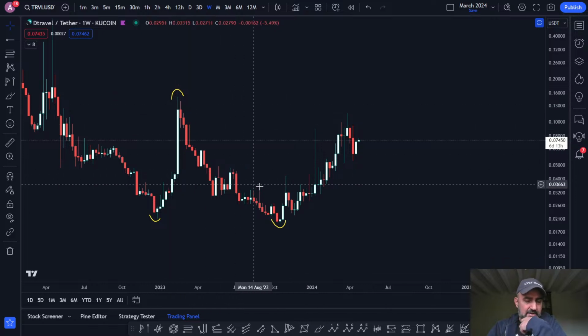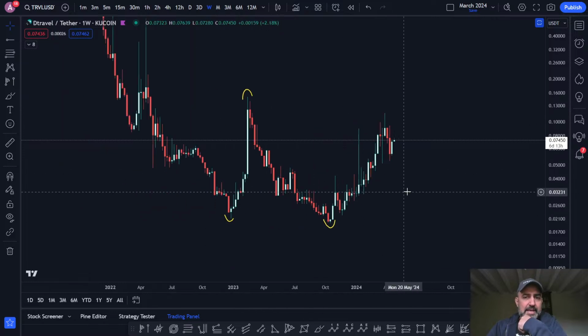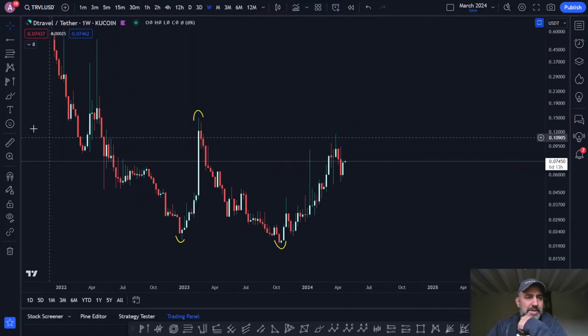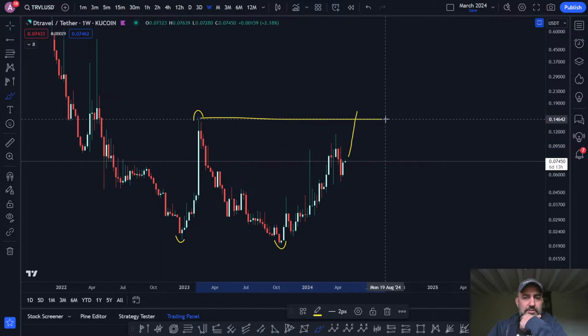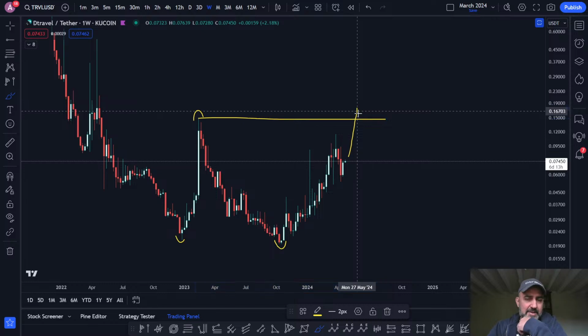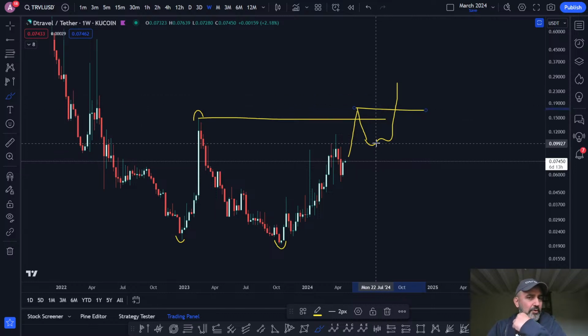The monthly and the weekly are kind of following each other. Whenever we do eventually take out that high, hopefully soon, then on the weekly time frame we could put in a low to take that out and change weekly structure before we've taken out monthly structure. That could happen quite fast, so that's why weekly becomes more relevant.